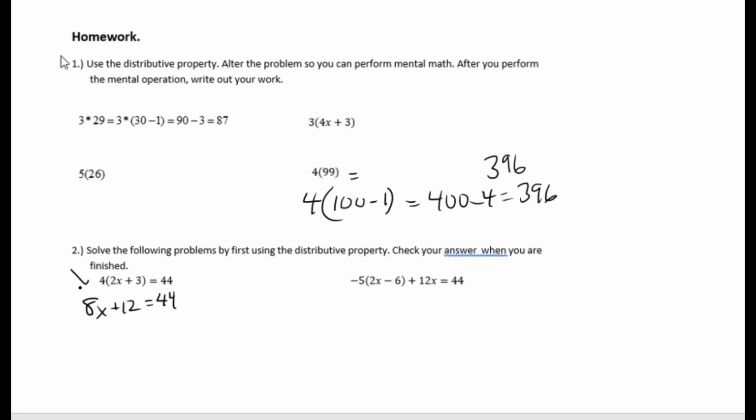When you're doing equations, it's usually best to go in the reverse order of operations. So it's easier to subtract 12 and then divide by 8. Eight divided by 8 is 1, and x is 4. And I will put the other answers in.